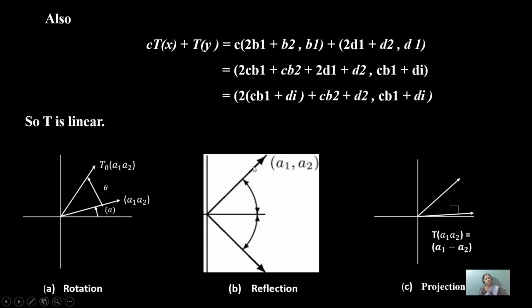Reflection of (a1, a2) is generated on the other side of the axis in this form. And what is the projection? Projection is shown only as a straight line at a 90-degree angle, with T linear on (a1, a2) equals a1 minus a2.